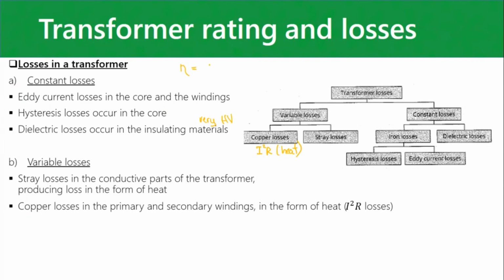It's P out over P in. In other words, these numbers are always in watts, not kVA. You're talking about power in, and then you get some heat losses, primarily heat losses, then power out. That heat had to come from somewhere.